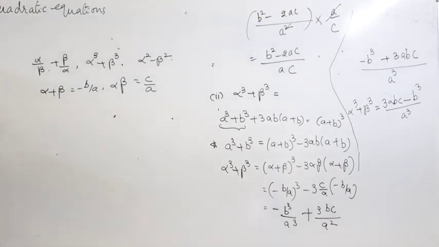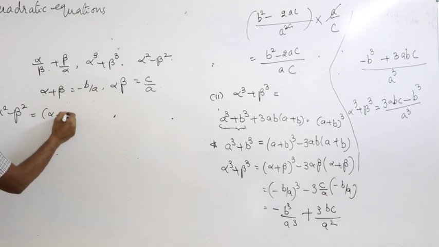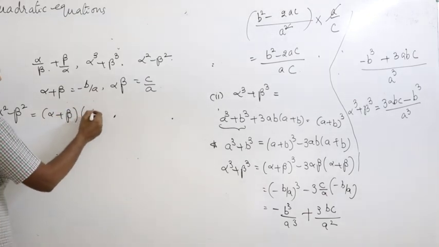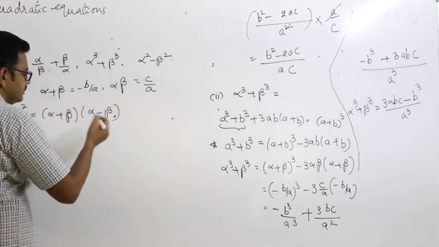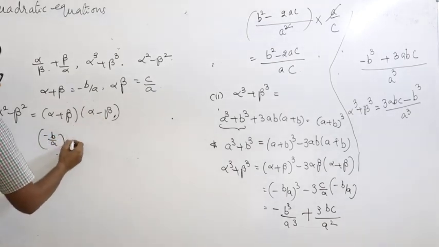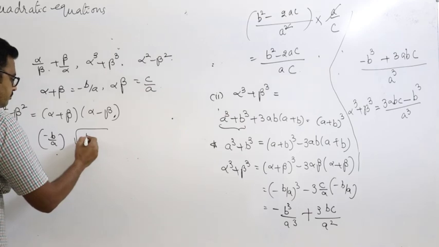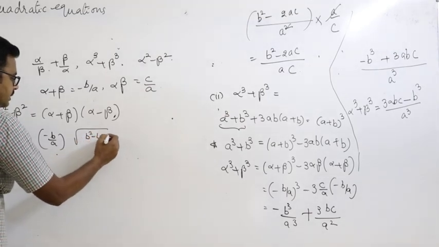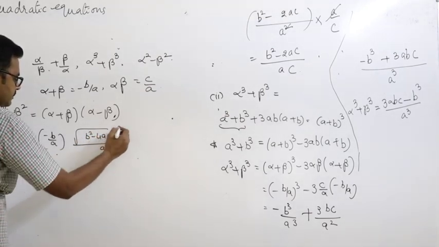Next, third result: alpha square minus beta square is equal to alpha plus beta into alpha minus beta, where alpha plus beta is minus b by a, and alpha minus beta is root of b square minus 4ac by a.